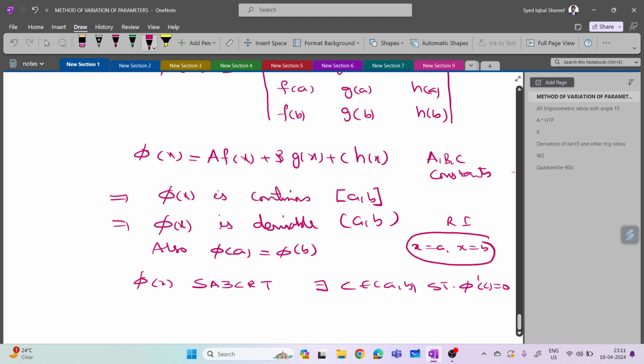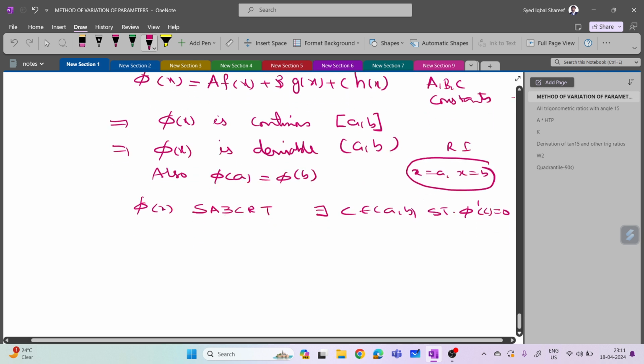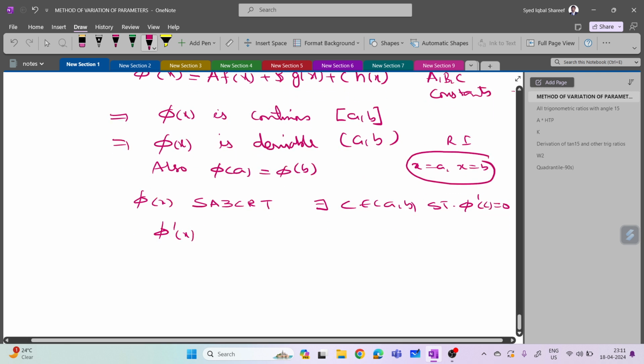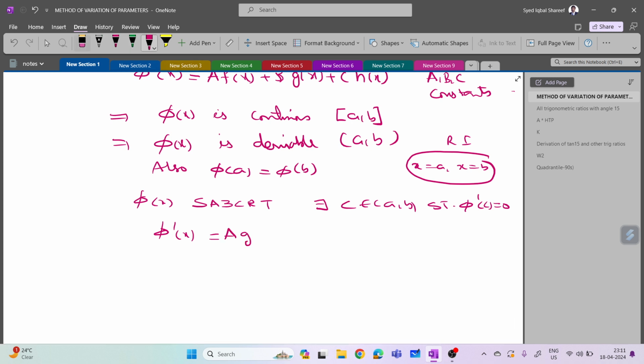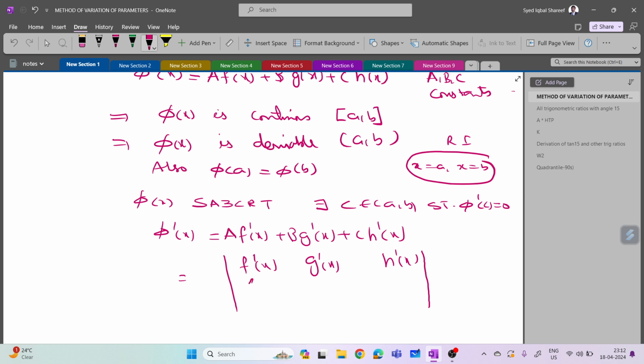So phi dash x equals a f dash x plus b g dash x plus c h dash x, which gives the determinant of f dash x, g dash x, h dash x; f of a, g of a, h of a; f of b, g of b, h of b.